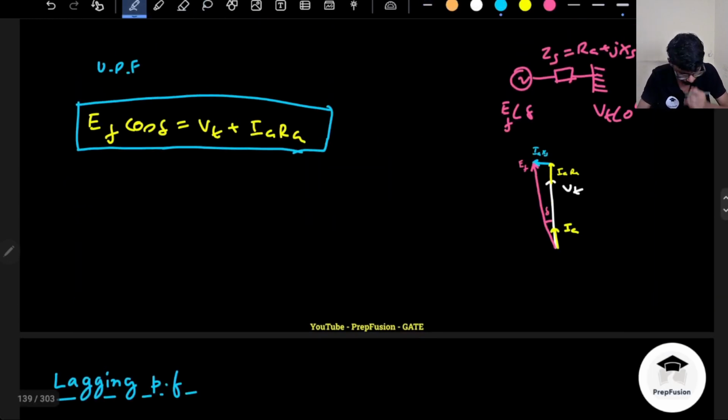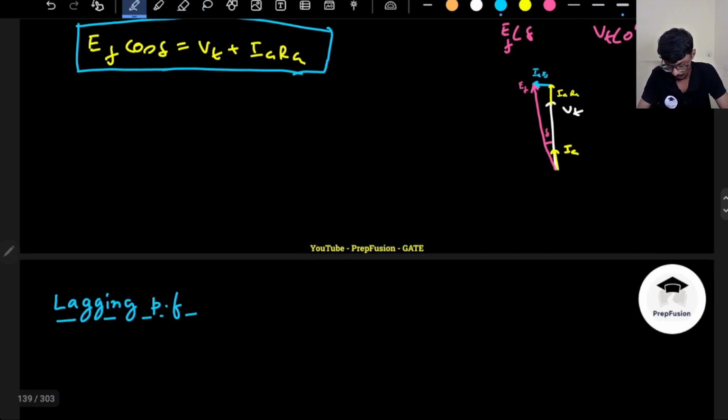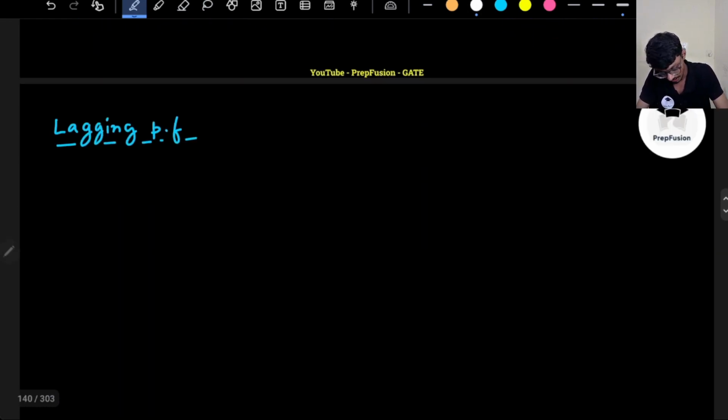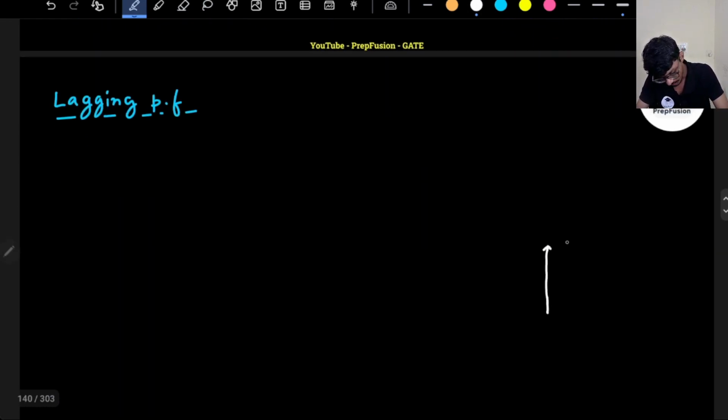For a lagging power factor, how will the phasor diagram be? Again, this will be Vt. Now if the current is lagging, that means current will be somewhere around here. Current will be here. This will be Ia, this will be theta.